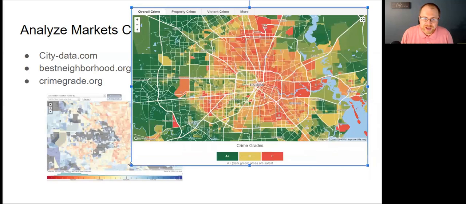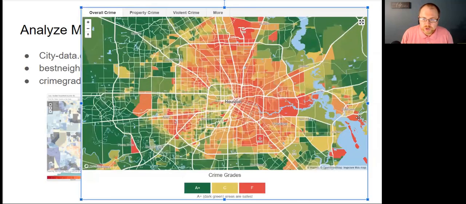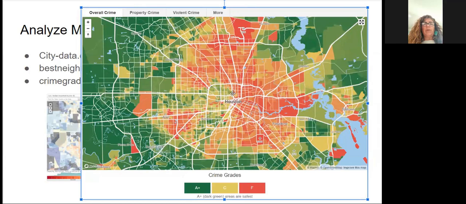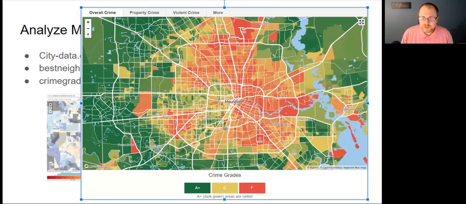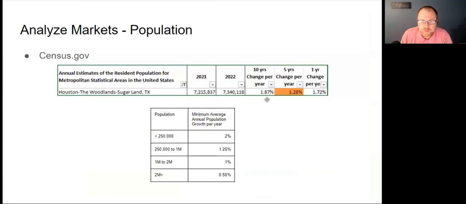Looking at the inner area of Houston, I would probably want to avoid anything that is east and stuck to the west side.